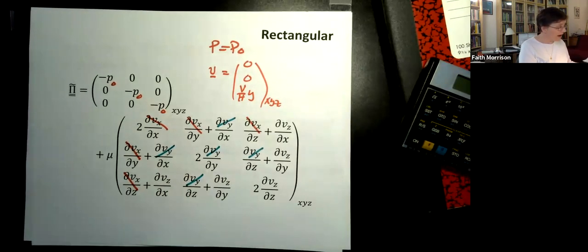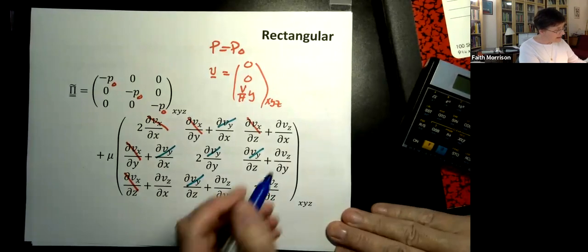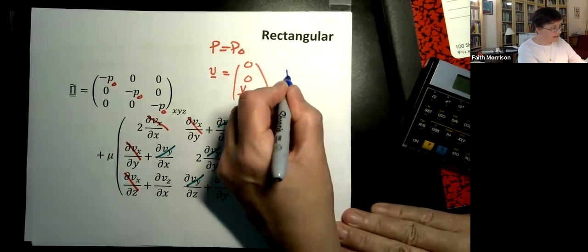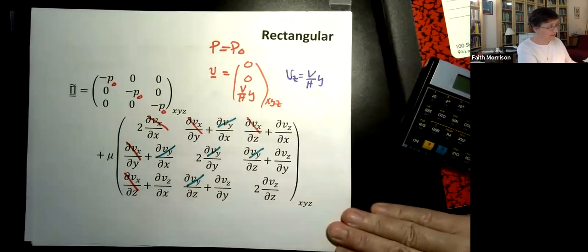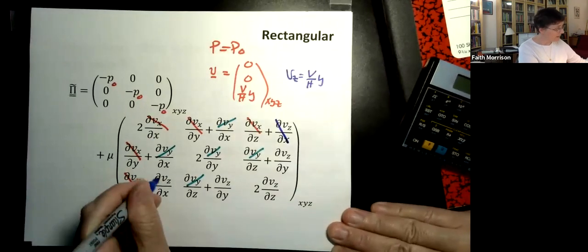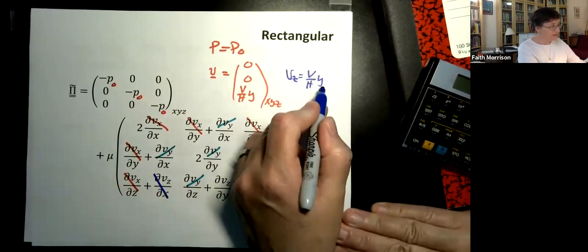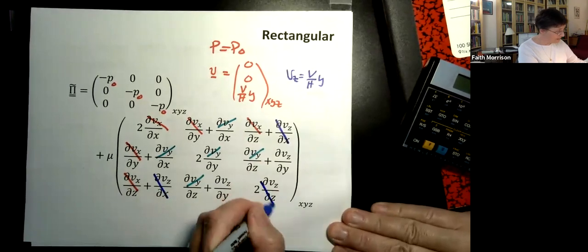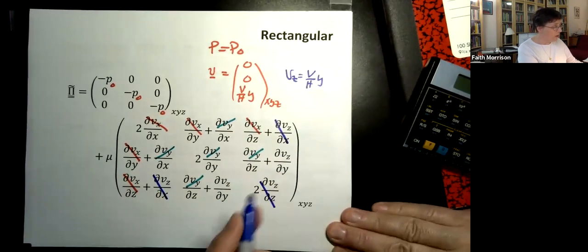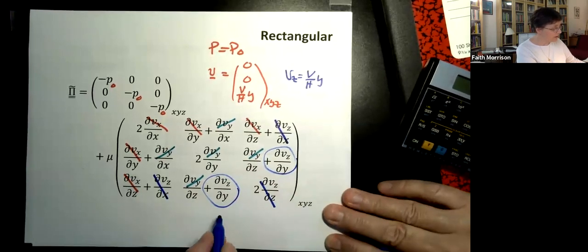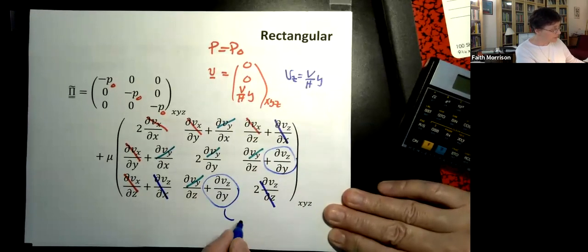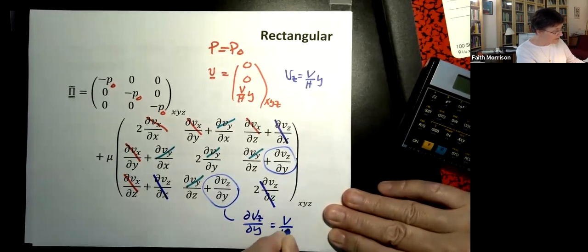It's only a function of y. So for dvz/dx, vz is equal to V over h times y, and the partial derivative with respect to x is 0. The partial derivative with respect to z is also 0. We end up with only one non-zero derivative to keep in this whole expression, which is the derivative with respect to y, dvz/dy, equal to V over h.